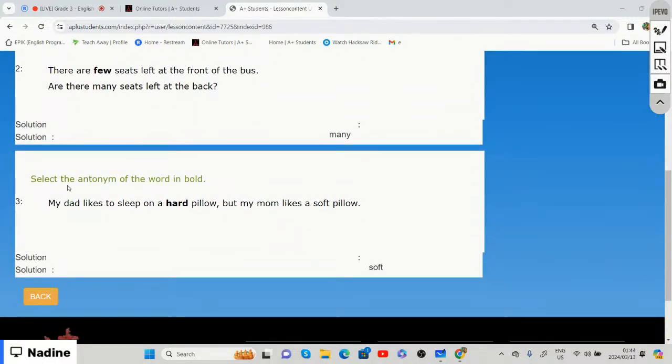It says, my dad likes to sleep on a hard pillow, but my mom likes soft pillows.